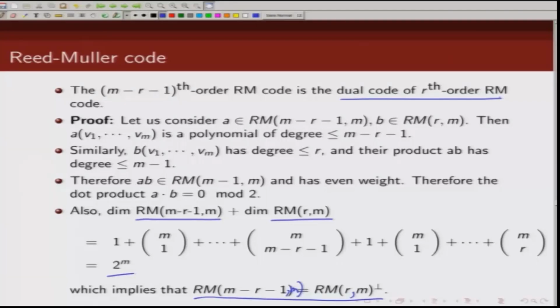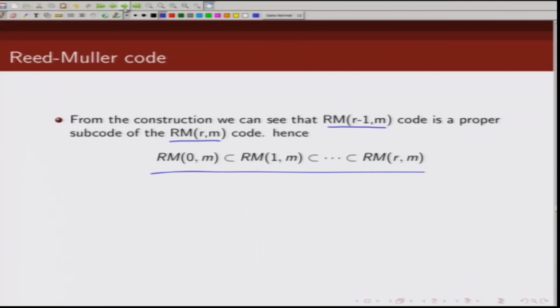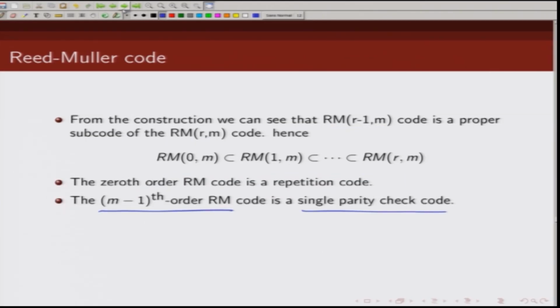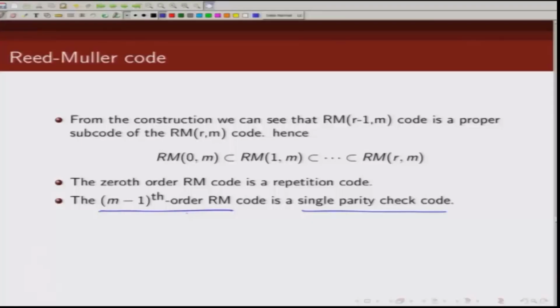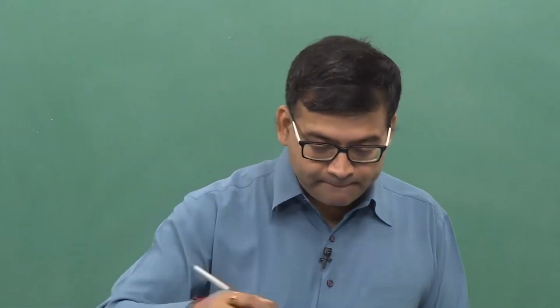So, if r is, let us say, 0, then it is dual to the m minus 1th order Reed-Muller code. So, the 0th order Reed-Muller code is dual to the m minus 1th order Reed-Muller code. And what is the dual of a repetition code? It is a single parity check code. So, the m minus 1th order Reed-Muller code is nothing but a single parity check code.